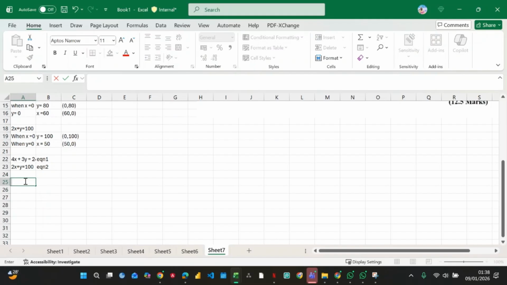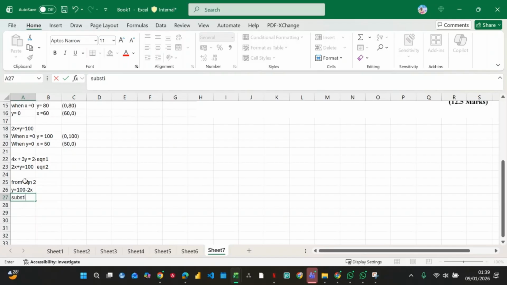Let's make y the subject of the formula from equation two. Do you understand? From equation two, y is equal to 100 minus 2x.